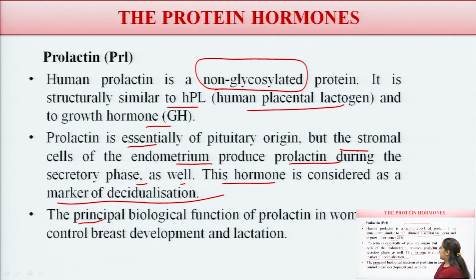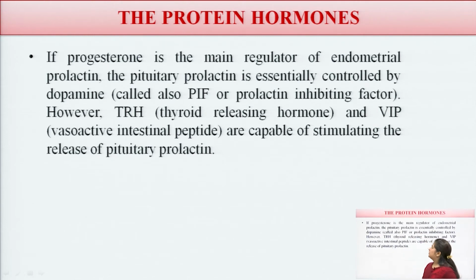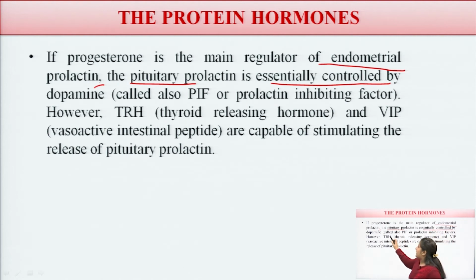The principal biological function of prolactin in the woman is to control breast development and lactation. If progesterone is the main regulator of the endometrial prolactin, then the pituitary prolactin is essentially controlled by dopamine, which is also known as PIF. What is PIF?